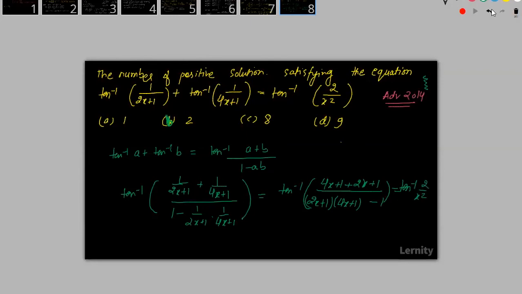So that means on the left side we have got this, and on the right side we have got this. So basically we'll simply compare the two. So this is tan inverse of (4x plus 1 plus 2x plus 1) whole thing divided by (2x plus 1 into 4x plus 1 minus 1).